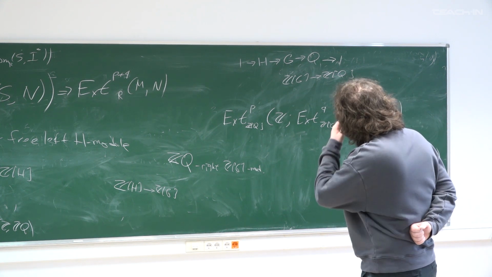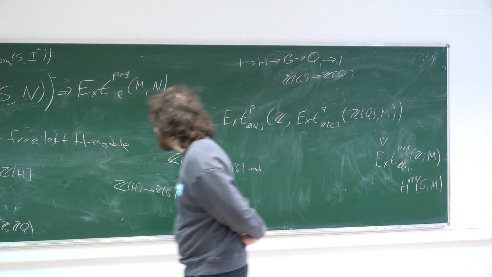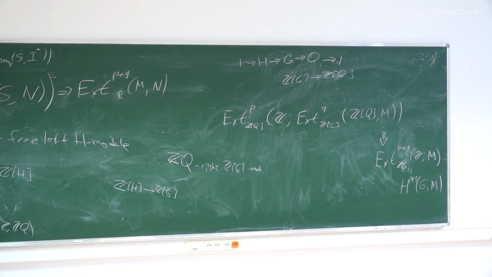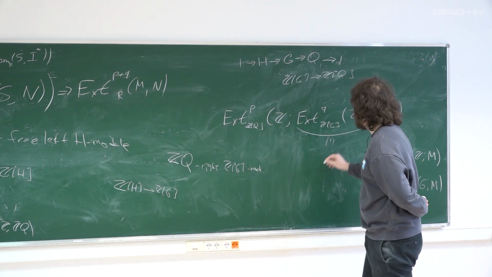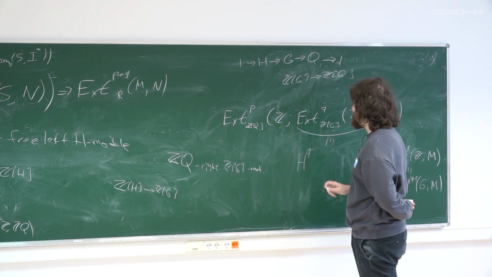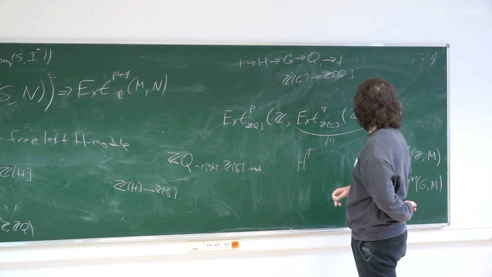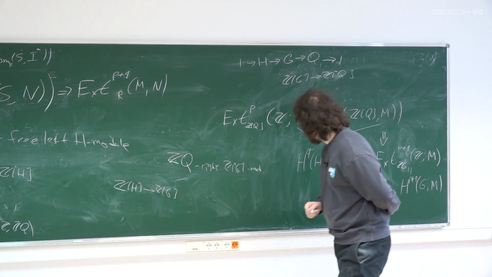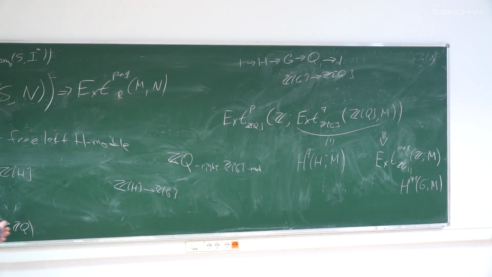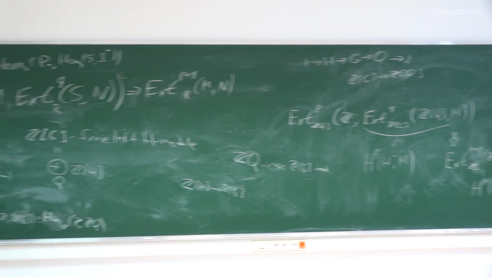I want that this thing is isomorphic to cohomology of H in coefficients in M. This cohomology computes this thing, and I want Ext from ZQ to M.